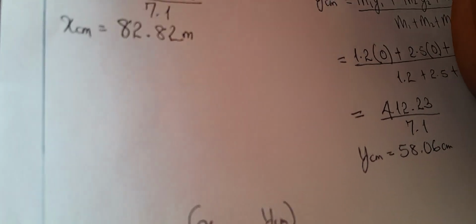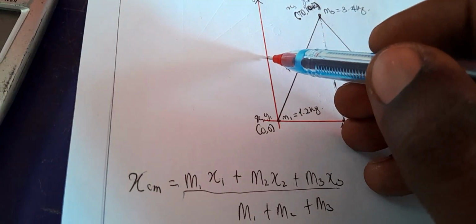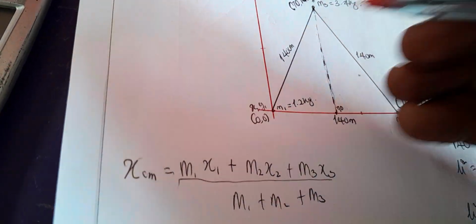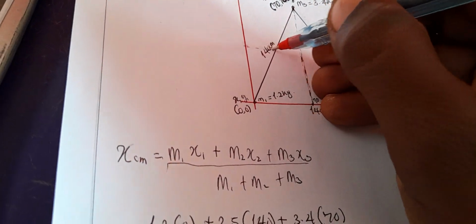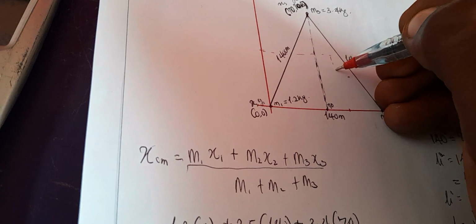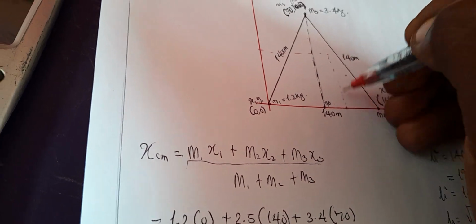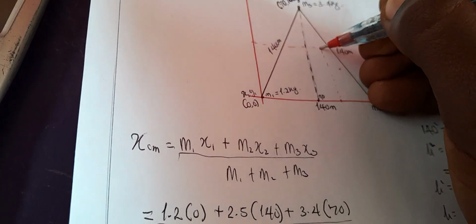Okay. Let's say 58 is around this point. Remember, we're not drawing according to scale, we're just guessing it should be around this point. All right, so this is the center.